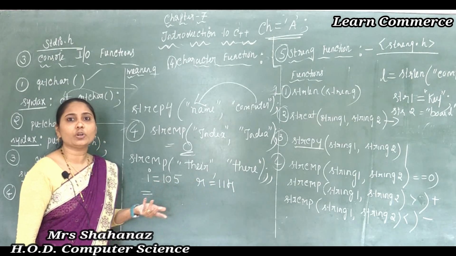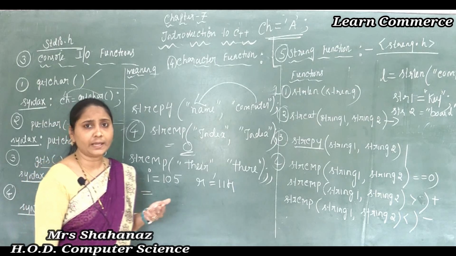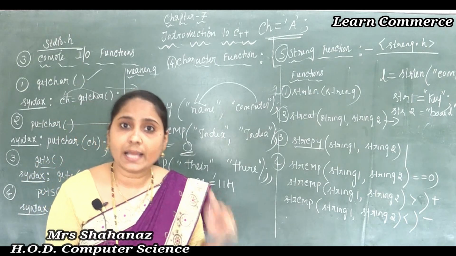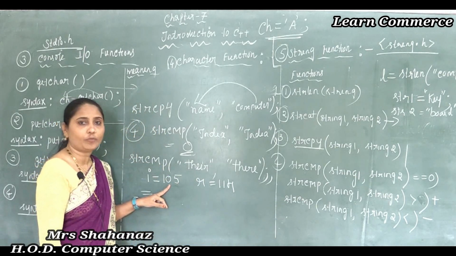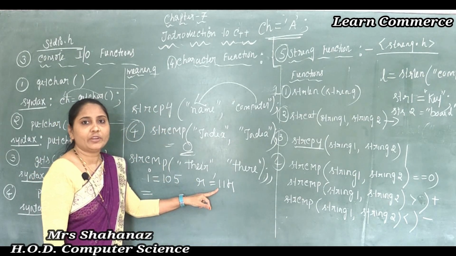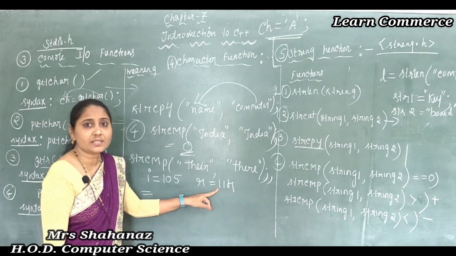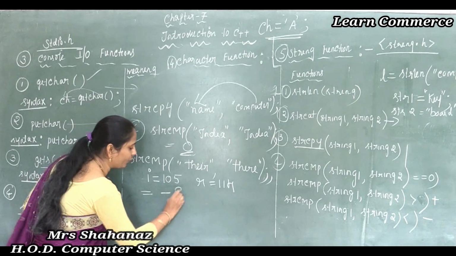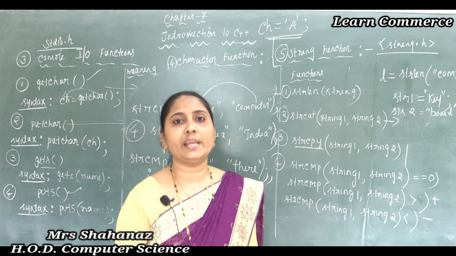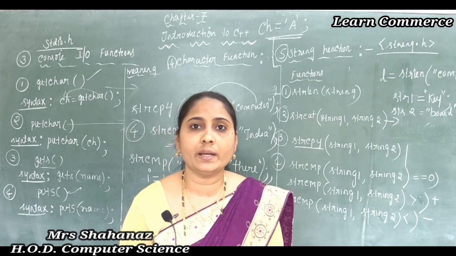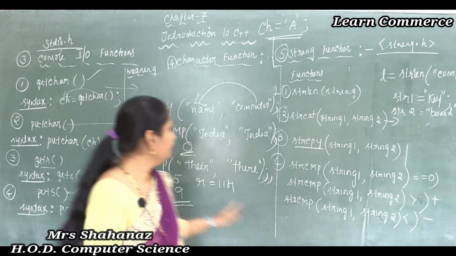When you subtract, string 1 is less when compared with string 2. String 1 is 105, string 2 is 114, so it returns a negative value. The negative value we get is minus 9. Is this point clear? The negative value will be minus 9 in this case.